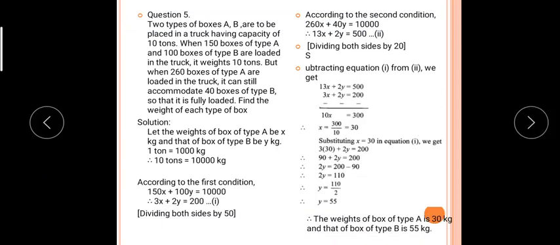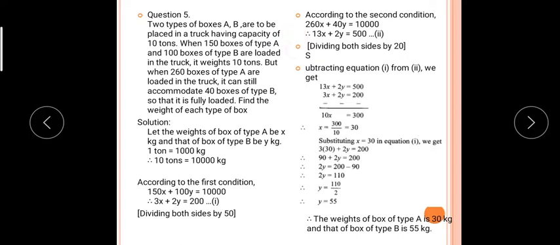Now students, according to the second condition, what is the second condition? But when 260 boxes of type A, 260 of x, are loaded in a truck, it can still accommodate 40 boxes of type B. Means after loading 260 boxes of type A, it has space which can accommodate 40 boxes of type B. Then the total weight of the truck is how much? 10,000.